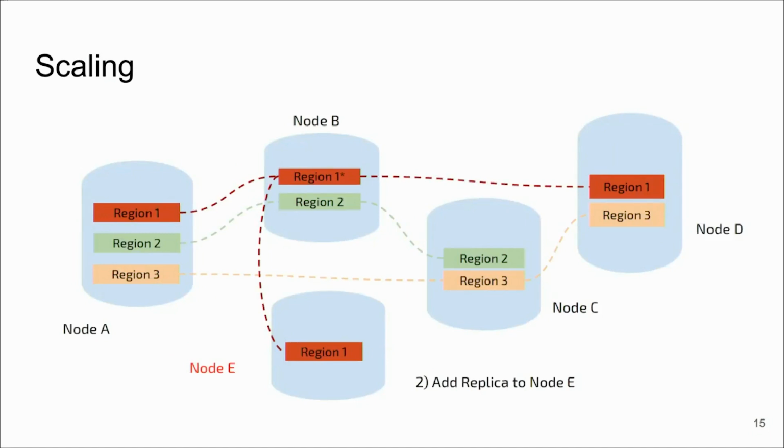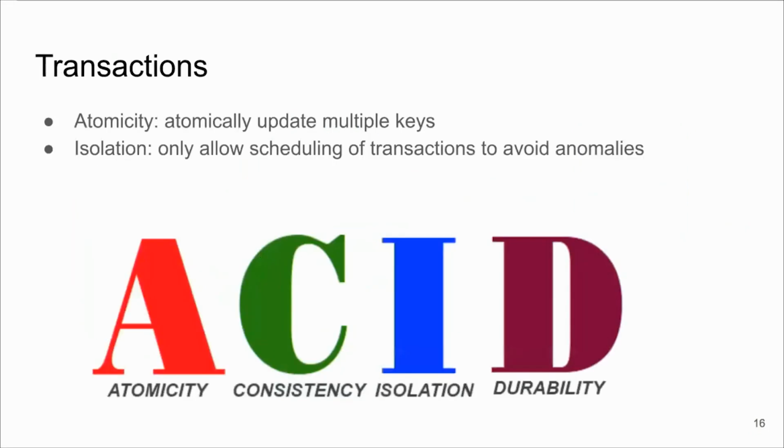So, and this can be done in a transparent way to the applications. Another part of a database is that you want to support transactions. I think it's called ACID properties, but what really matters is that you want to do things in an atomic way.